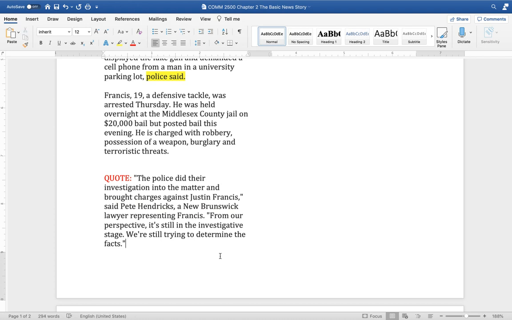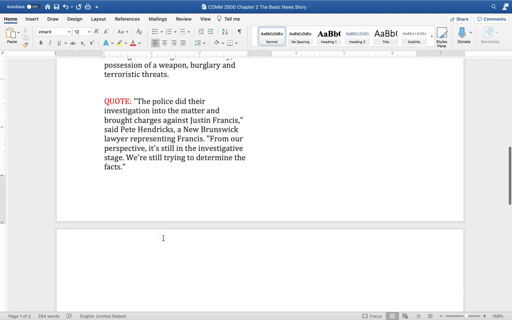So if you have a 1-sentence quote, the attribution goes at the end. If you have a 2-sentence quote, it goes in the middle. And your attribution always comes at the end of the sentence. And the reason for that is in broadcast journalism, attribution goes at the front, but in online or print journalism, it goes at the end.